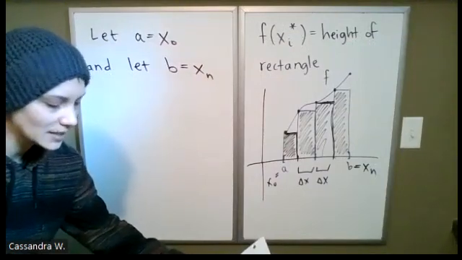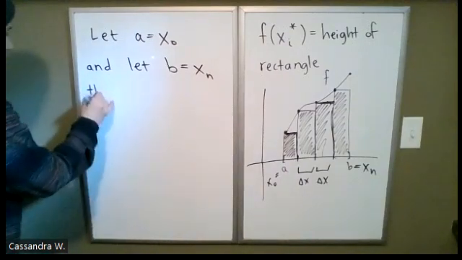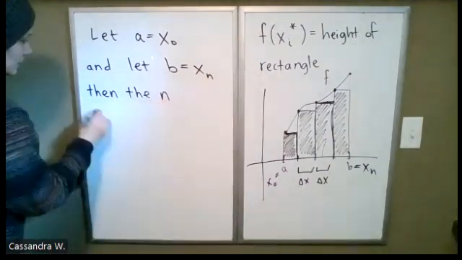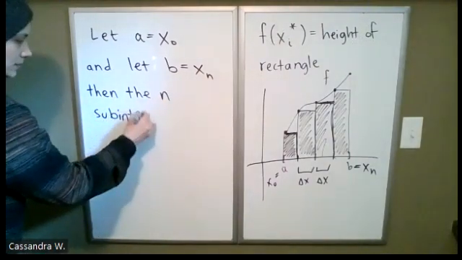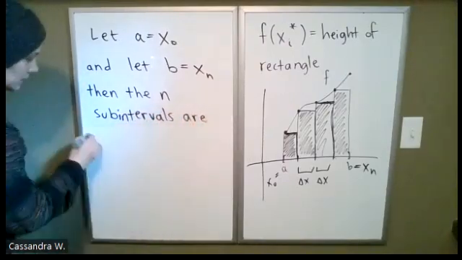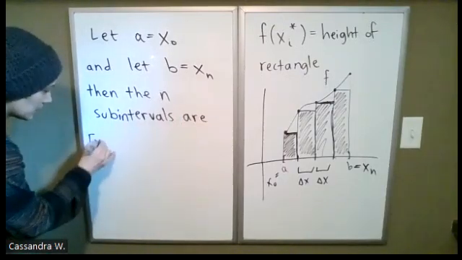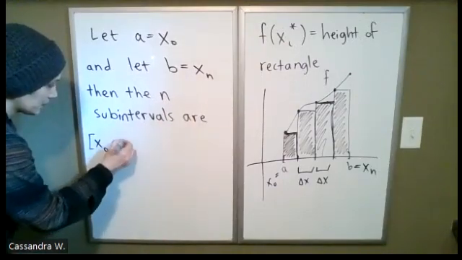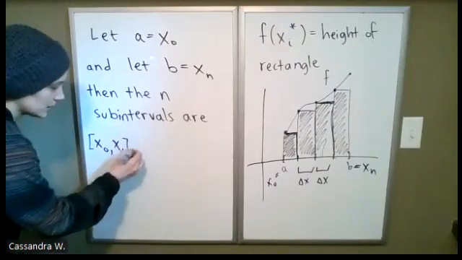Then the n subintervals look like this. The first one starts at A or x naught and goes over to x1. Then the next interval goes from x1 to x2.